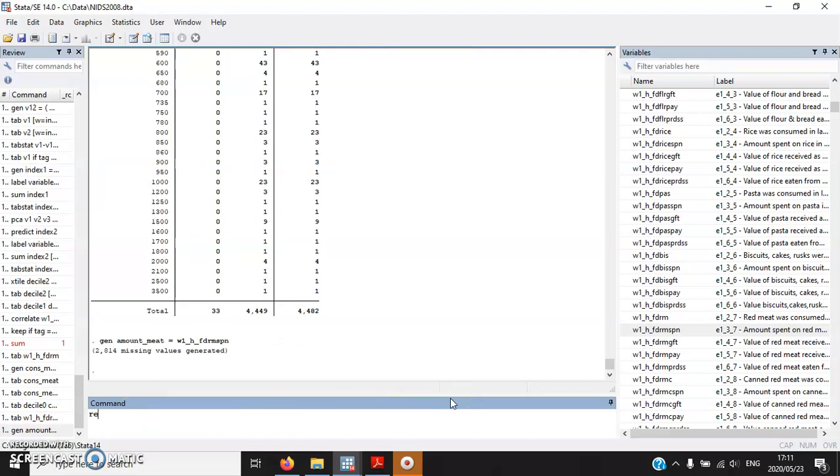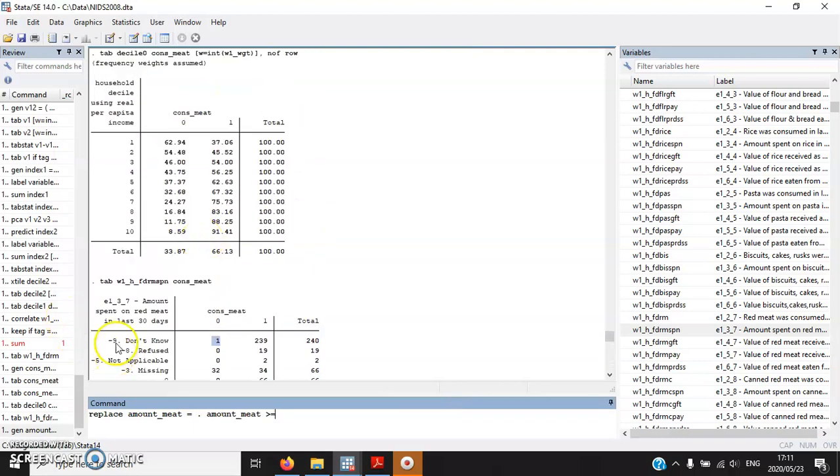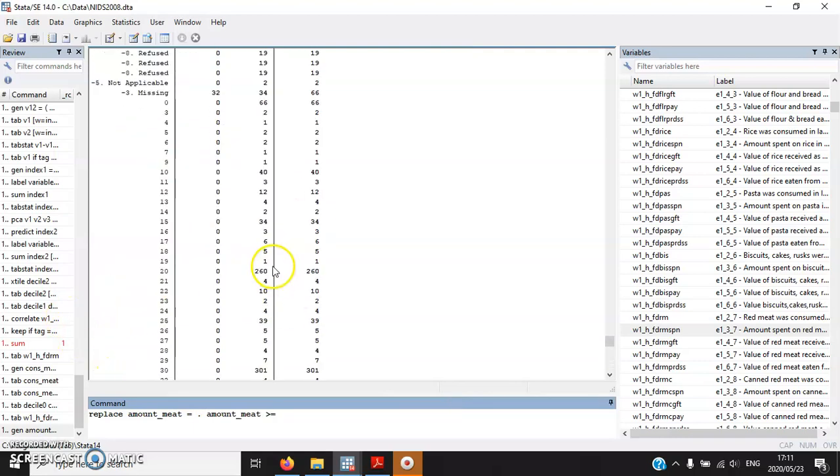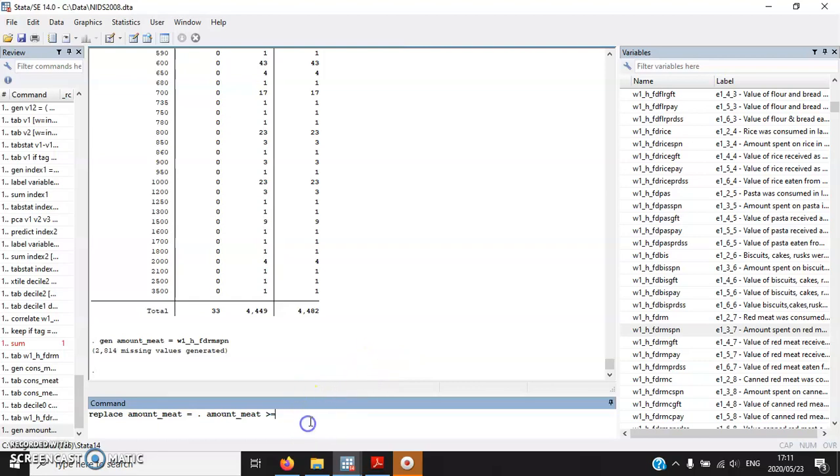And then I want to do some plastic surgery, okay, on this variable. This amount should be replaced as missing if in between -9 to -3, and they claim they really consume red meat in the last 30 days. But they really don't report the amounts, and I don't think it should be negative. So I rather want to change to missing.